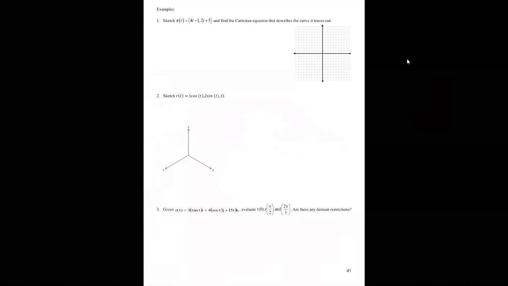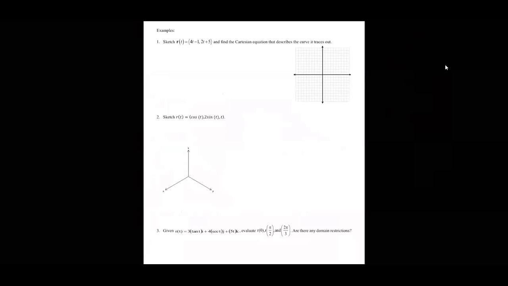So the first one there, we're talking about 2 linear models here, right? So we have 4t minus 1, and then also 2t plus 5. So just going right on back to the first class, maybe second class.